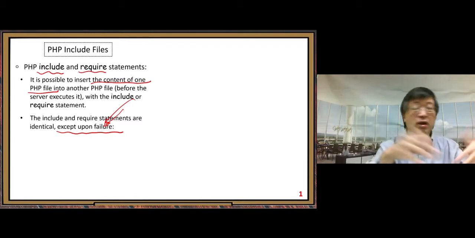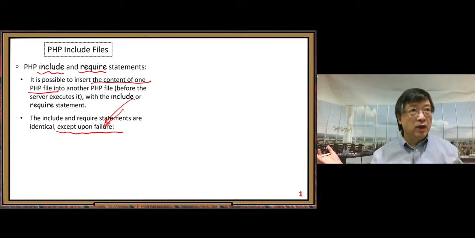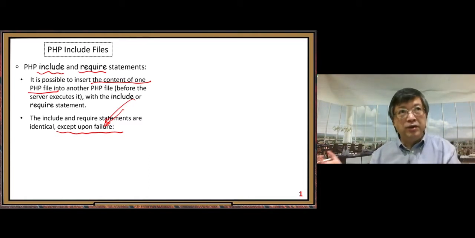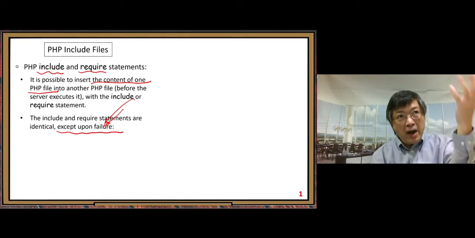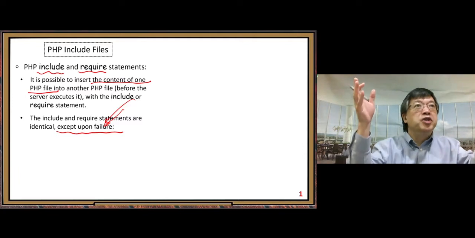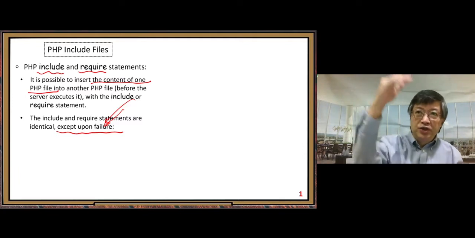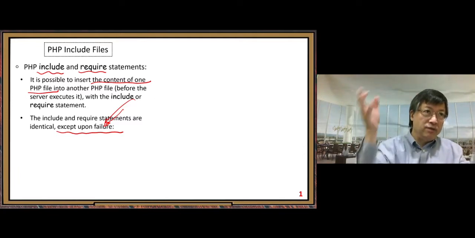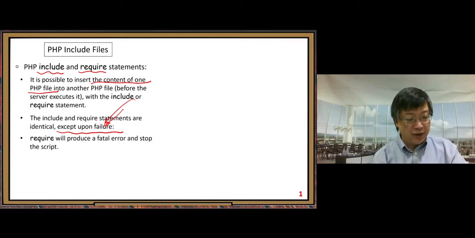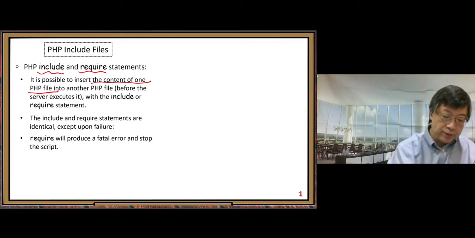For example, it does not exist. Then there is an inclusion error. When that error occurs, what is the behavior? For these 2 statements, the behaviors are different. So let's look at the different behavior.